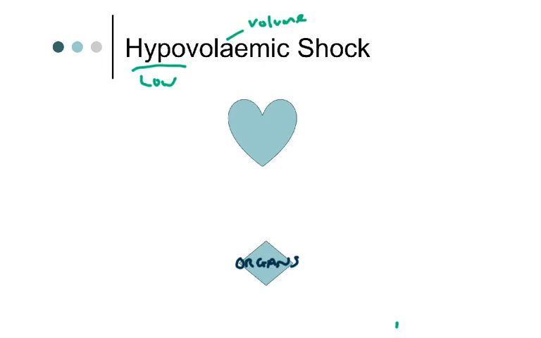So hypovolemic shock is low volume in the blood. Ordinarily your heart delivers oxygen and nutrients to the vital organs and tissues through the arterial system, and it returns back to the heart via the venous system. This is very simple.